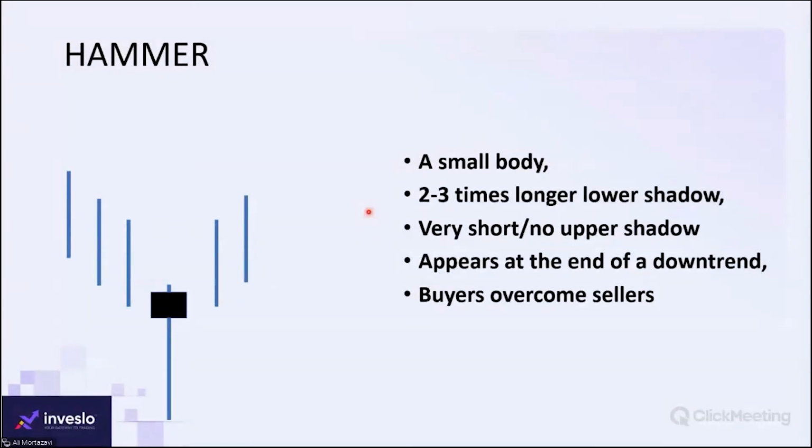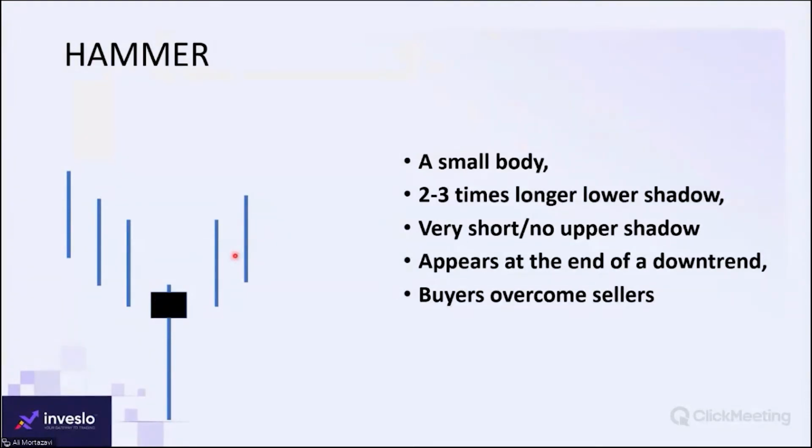Okay, let's continue with the hammer candlestick, a single candlestick pattern. The hammer candlestick has a shape like this, with a small body and a very long lower shadow that is 2 or 3 times longer than the size of the body.